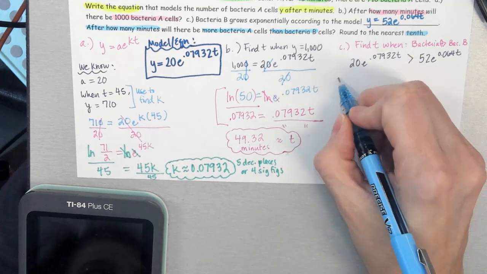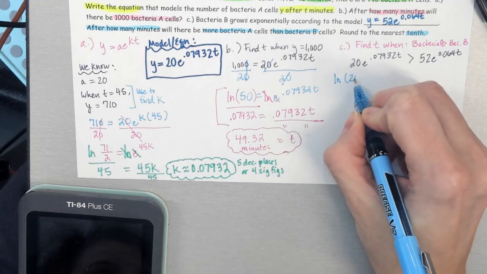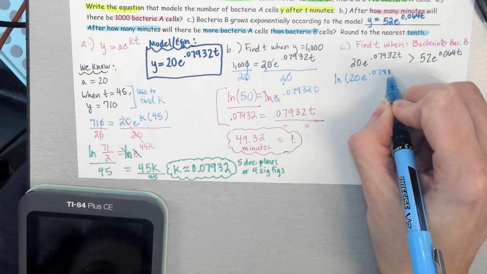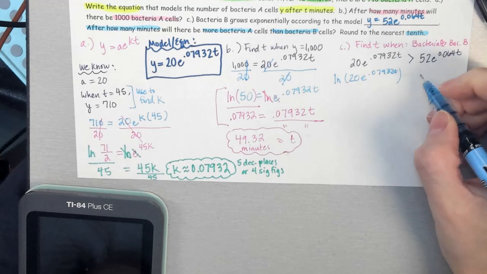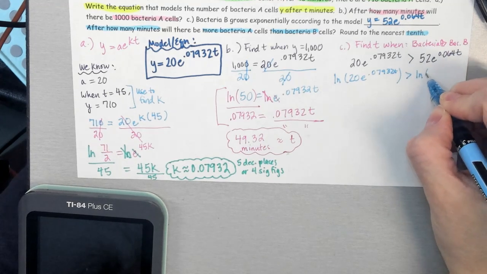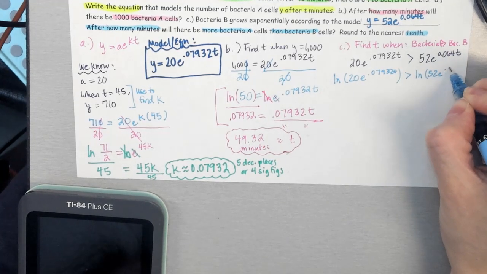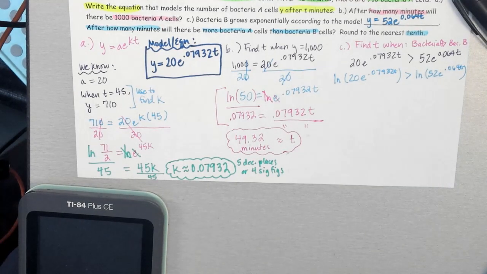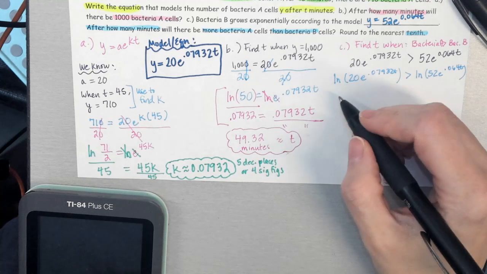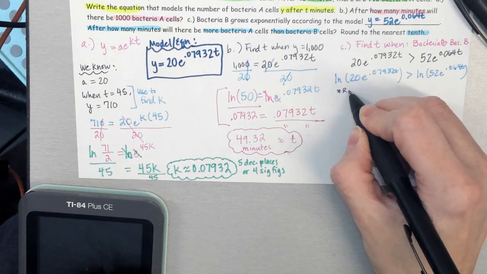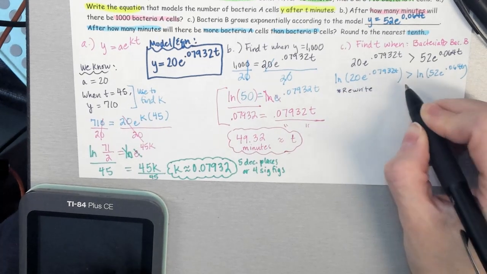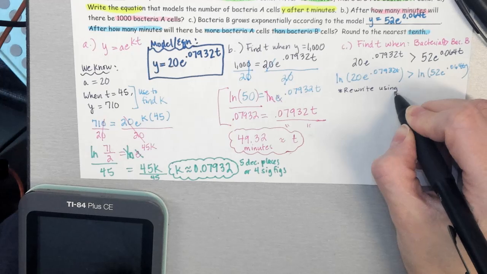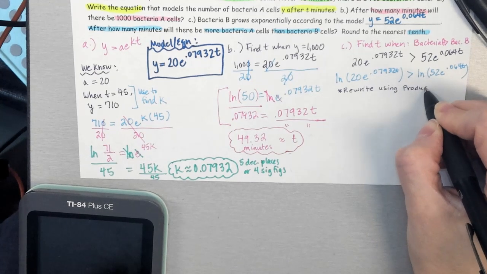So we're going to take the natural log of 20e to the 0.07932t. We're also going to take the natural log of the other side. And then we're going to rewrite using the product rule, the product property.